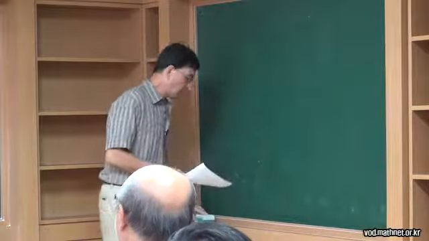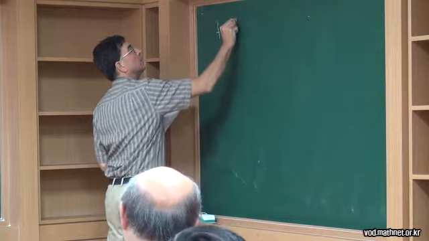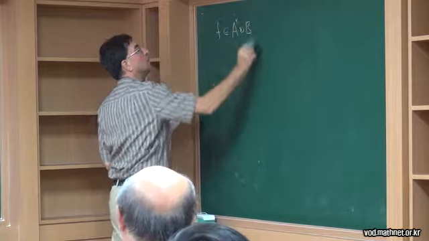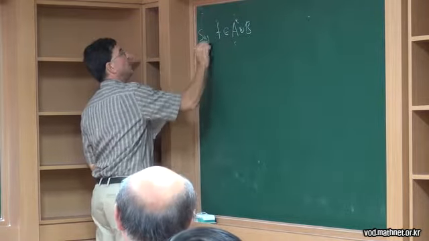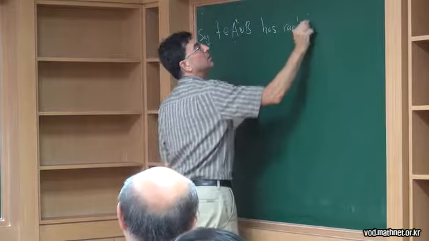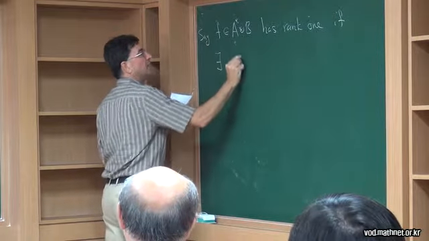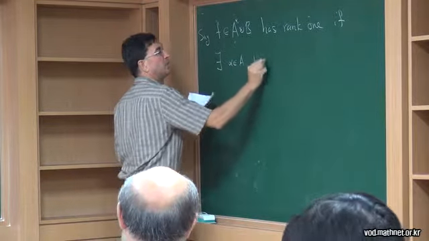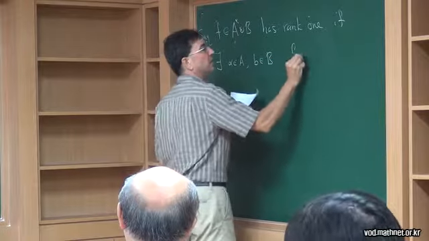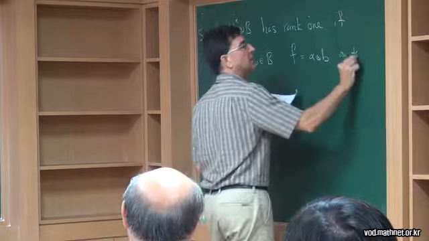The measure of a complexity of a linear map, we will say a linear map, F, has rank 1 if there exists alpha in A star, B in B, and F is equal to alpha tensor B as a linear map.